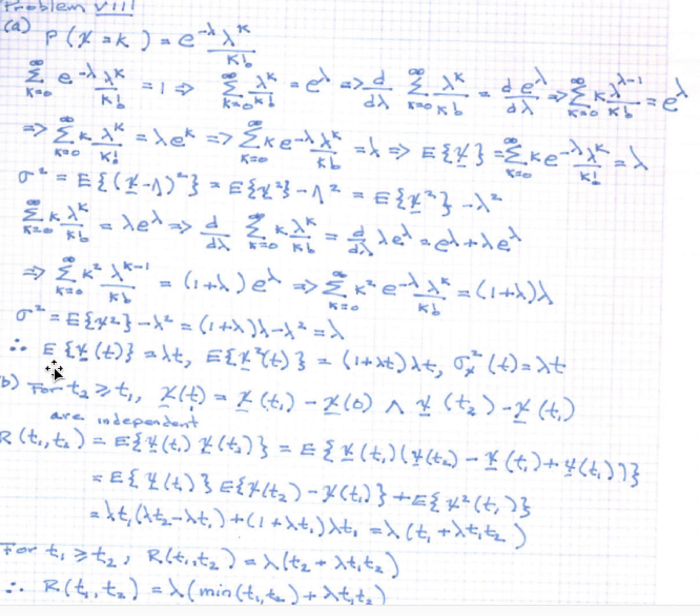Indeed, the expected value of the random variable X of t is equal to lambda t, and the expected value of the random variable X squared of t is equal to the quantity 1 plus lambda t times lambda t, and sigma X squared of t is equal to lambda t.